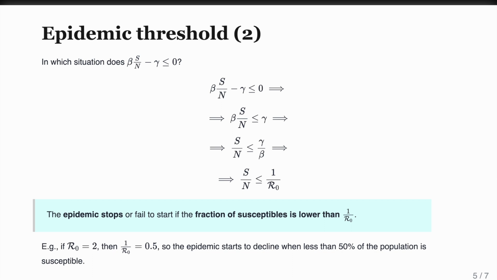So it means that if less than 50% of the population is susceptible, the epidemic will start to decrease by itself. Or if we introduce a pathogen in a population which is already by itself susceptible to less than 50%, for example, by previous immunity, then again the epidemic will never take off, and we won't see a big outbreak.